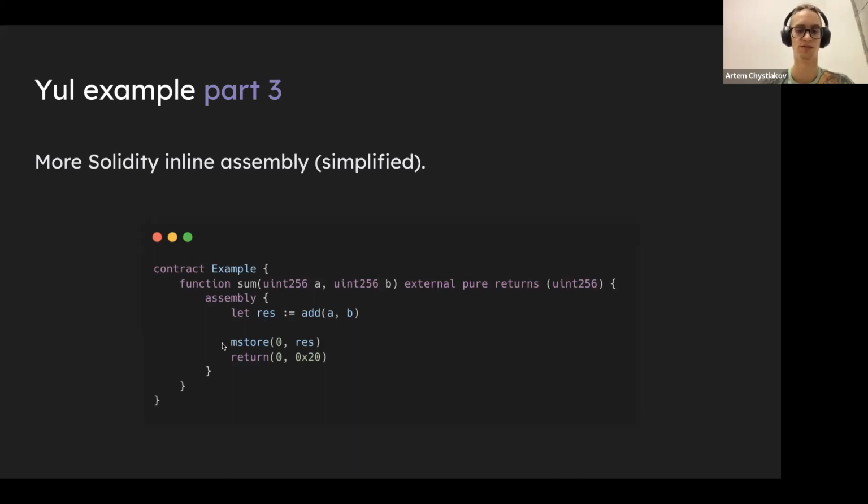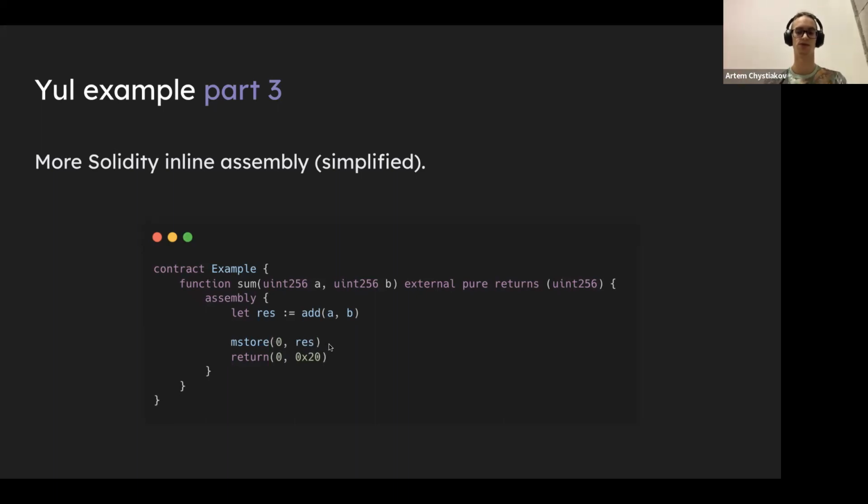But here, on the next two lines, I'm using two opcodes. The first one is the mstore opcode, which accepts the memory location where to store the result, and the 32 bytes of the variable that I want to store starting from this location. So basically, it writes our result into memory starting from a 0 pointer.